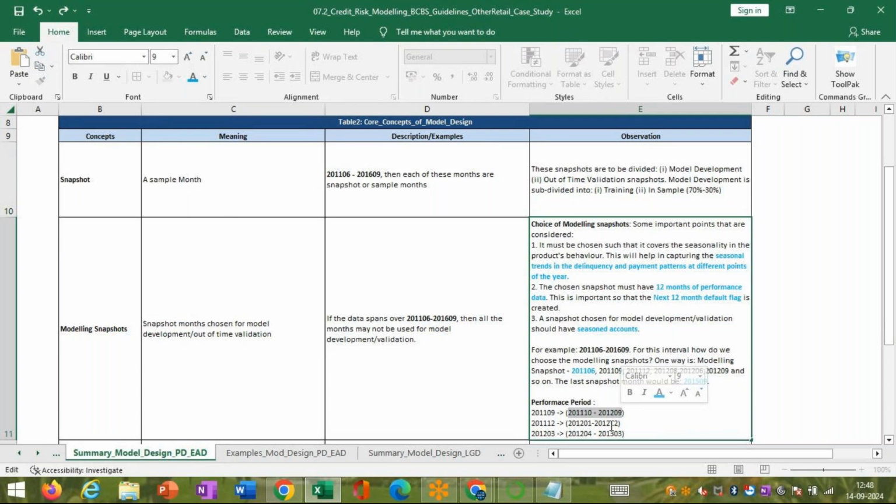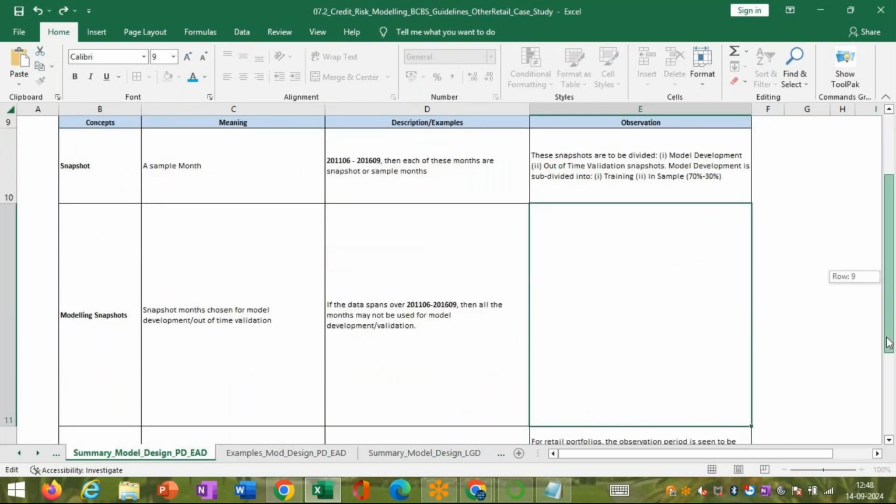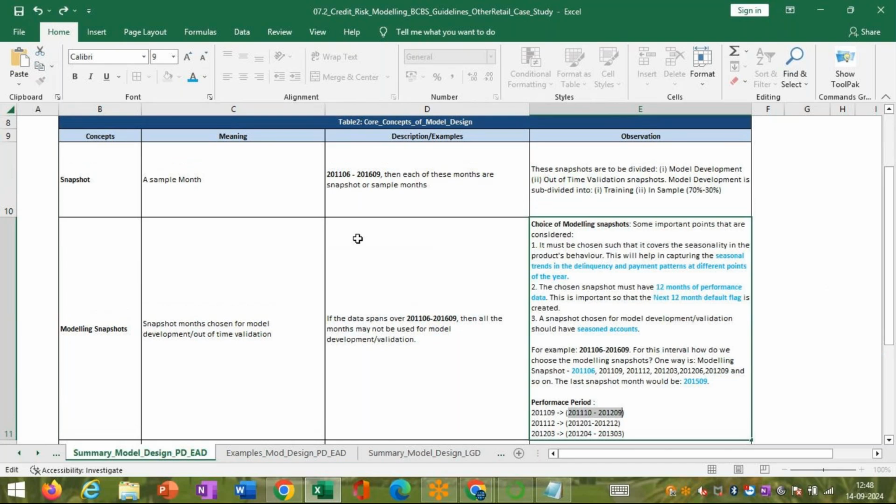So if anyone asks you during an interview how do you prepare the data, or what are the steps of model design, start explaining to them from this point that these are the objectives, this is the data framework for the respective models, these are the types that need to be incorporated. Then talk to them about the concept of snapshot months.